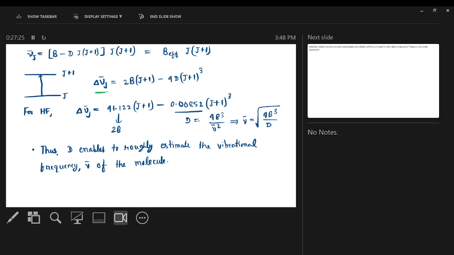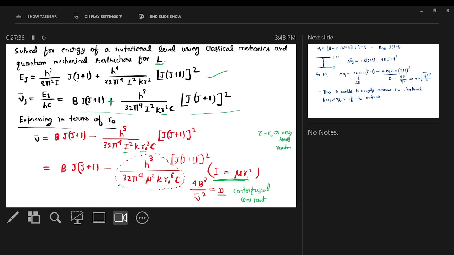We can express this in terms of wave number, that is delta nu J bar, as B J (J plus 1) minus D J square (J plus 1) whole square.